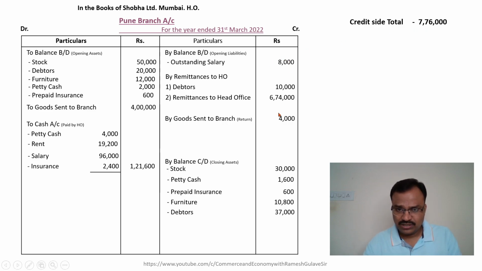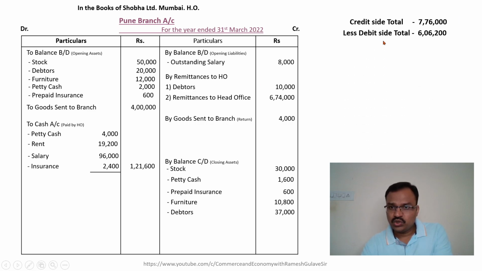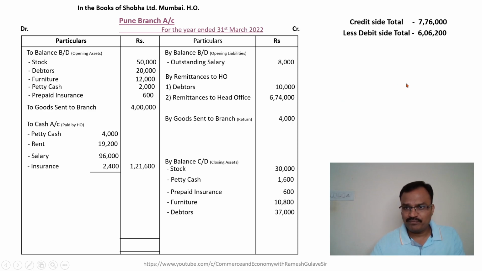If you total all the amounts of the credit side, the amount is 7,76,000, and the total of all items of the debit side is 6,06,200. So the difference between these two is the profit of the branch basically.